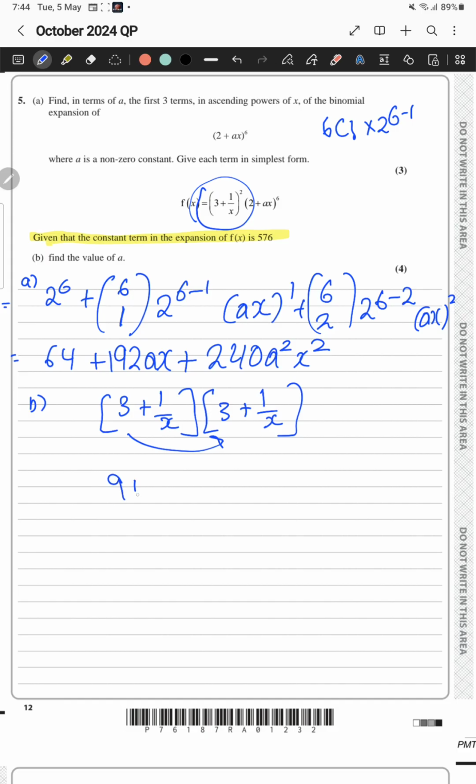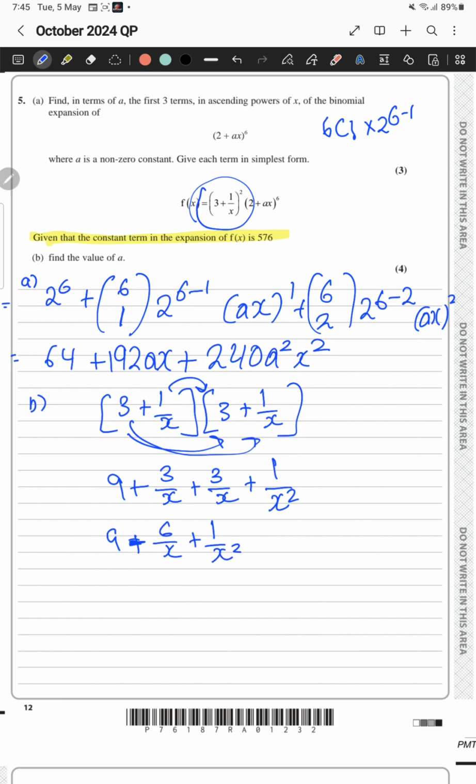So this is going to be 9 plus 3 over x plus 3 over x plus 1 over x squared. This is going to be 6 over x because the denominator is the same, you can add the numerators. And this is going to be 1 over x squared.